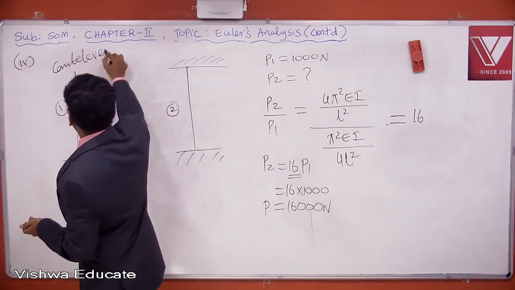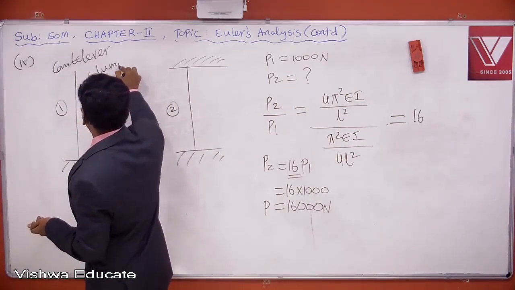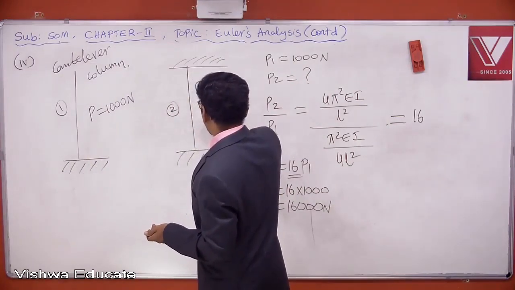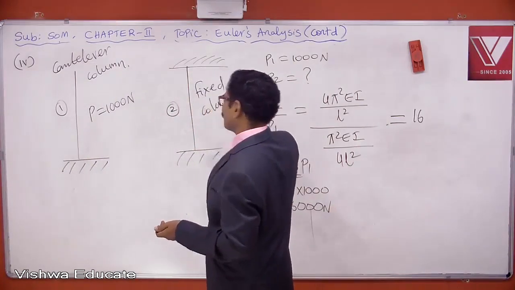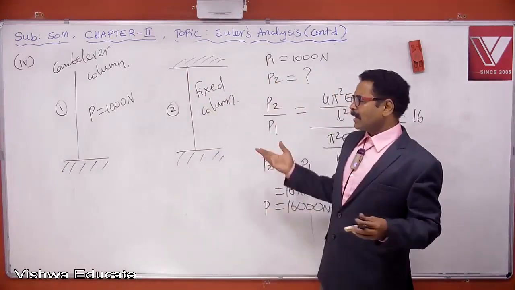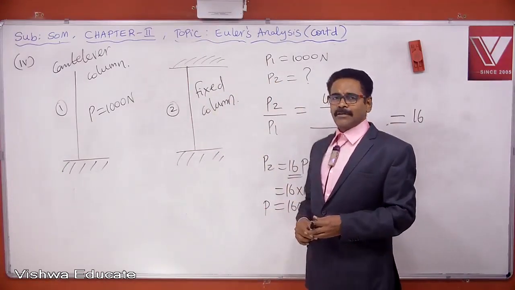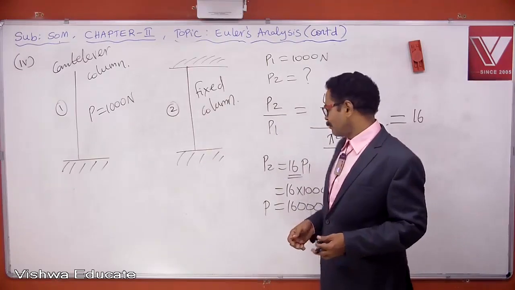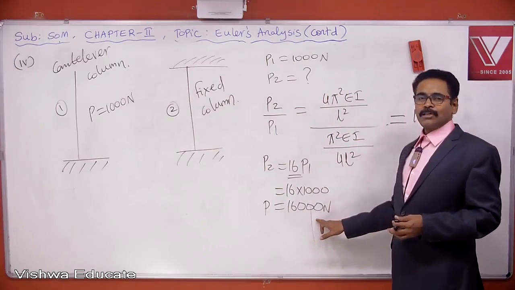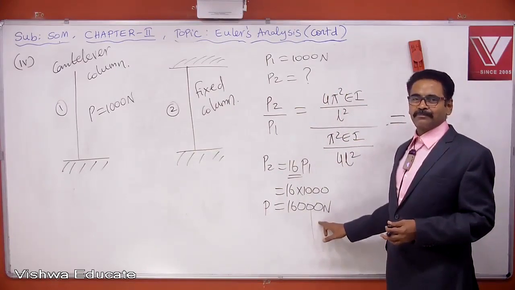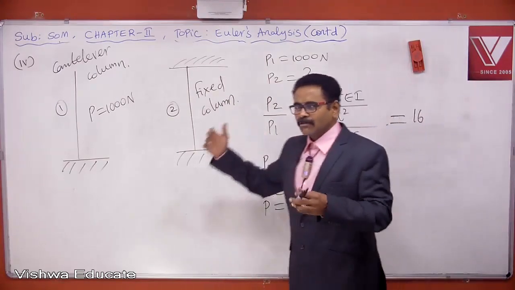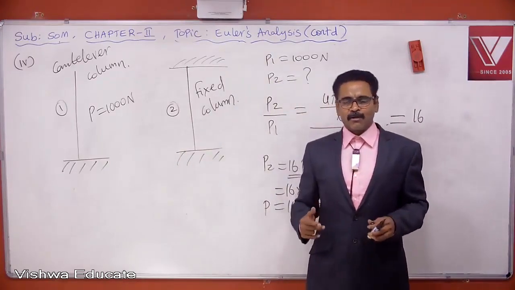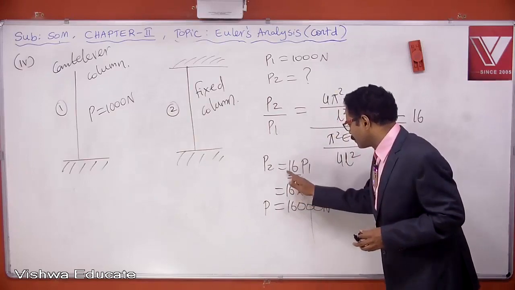This is called cantilever column, and this column is called fixed column. So, critical load of the cantilever column is 1000 newtons. If it is fixed, what is critical load? What is the answer? 16,000 newtons.